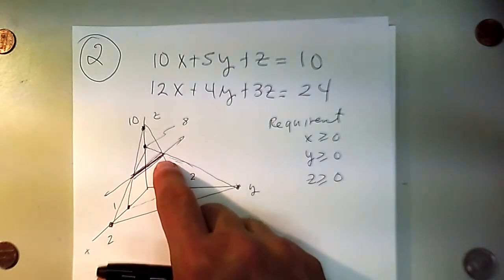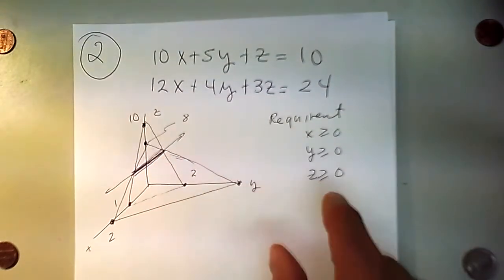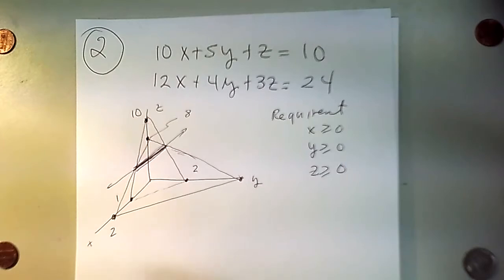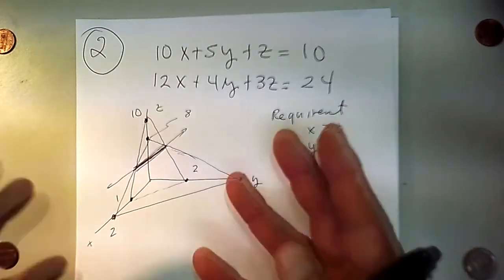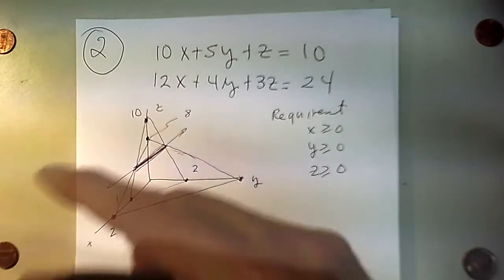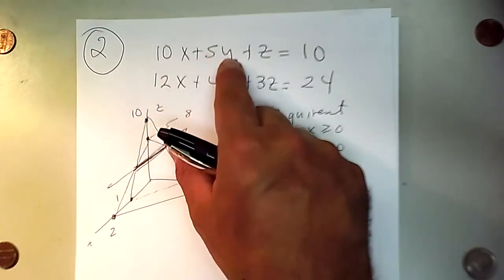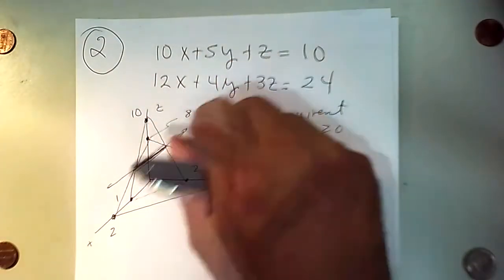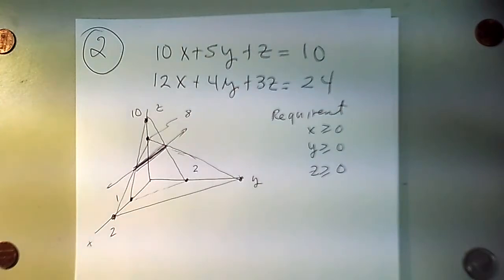Among all of those solutions, we want the one that minimizes the cost. And you may be asking, well, what is the cost? It depends how much we pay per variable. Sometimes x's are more expensive, sometimes y's are more expensive, sometimes z's are more expensive. So I'm looking for my cost.